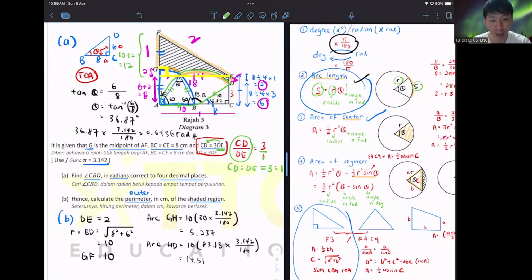So far, so good. For the right angle triangle here, this length is 12, the yellow line is 18, and it's a right angle triangle. We can go for the Pythagoras theorem to find the FE.